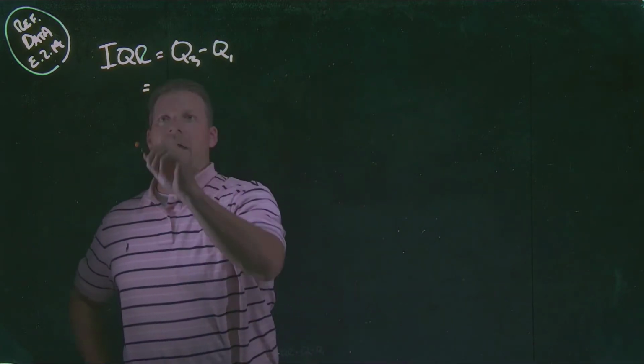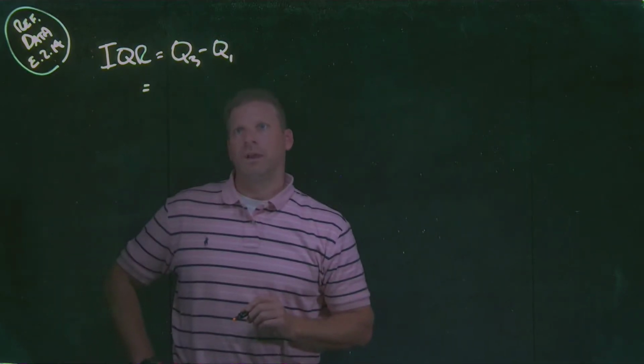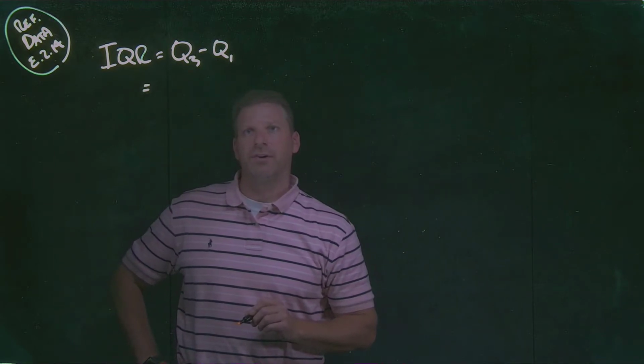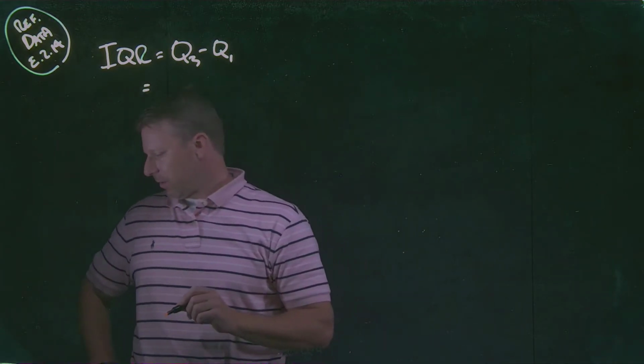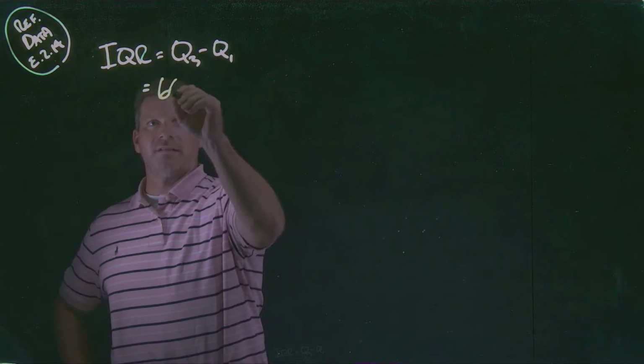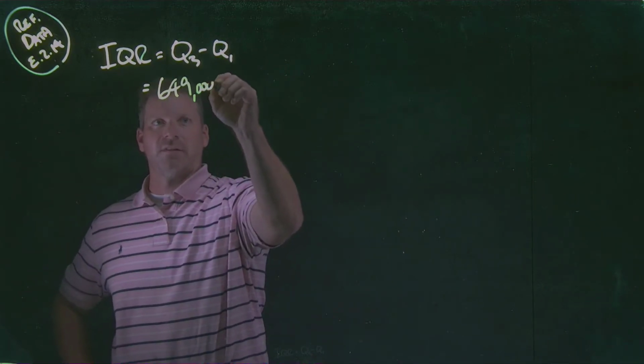If you remember back, or look at your notes from when we calculated the third and the first quartiles in the very first video, the third quartile value ended up being 649,000.